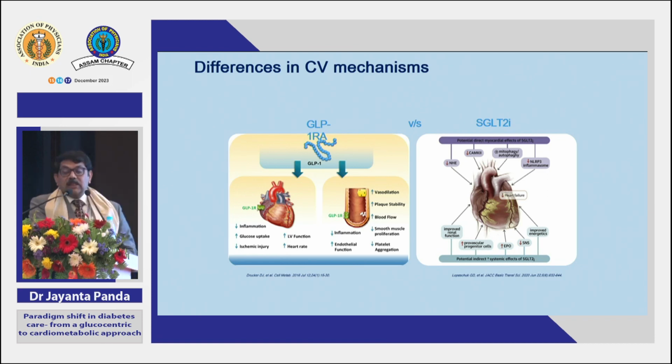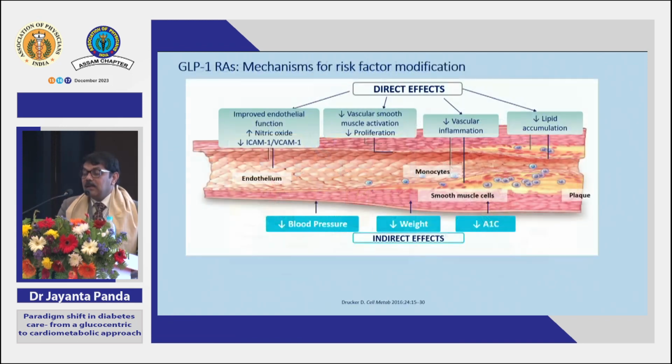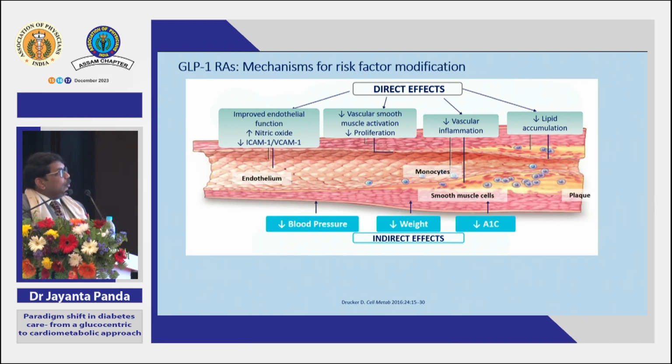Similarly, if you see the SGLT2 inhibitor, there are multiple benefits through different means in the heart as well as the vessels. And you know the direct effects, like improving endothelial function, decreasing vascular smooth muscle activation, decreasing vascular inflammation, all lead to blood pressure, weight, and A1C reduction.